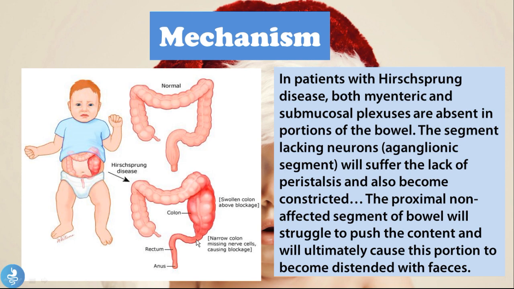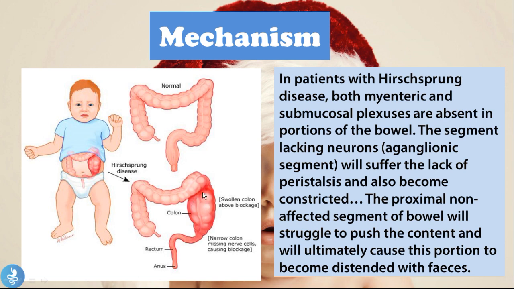So the proximal non-affected segment of the bowel will struggle to push the content and will ultimately cause this portion to become distended with feces. So if you look at this little bubble above, this is the actual portion that is affected, or the aganglionic segment, and this is a normal segment.